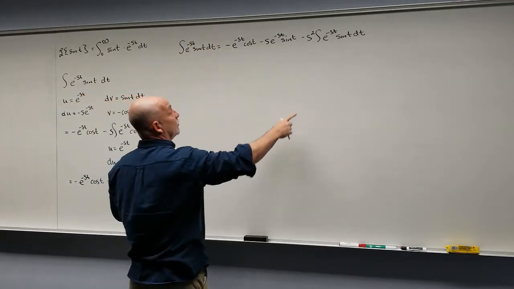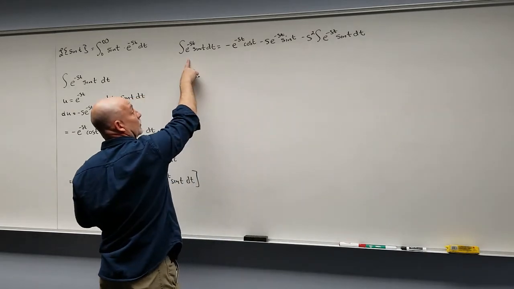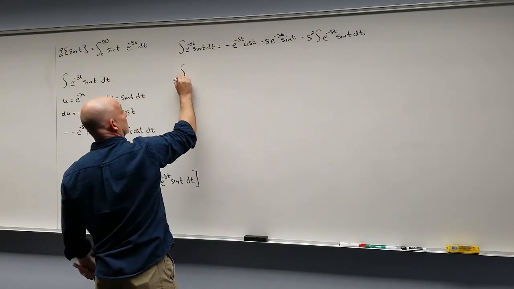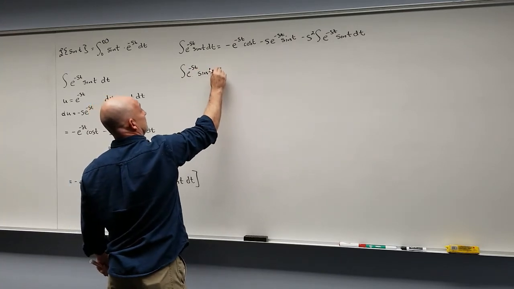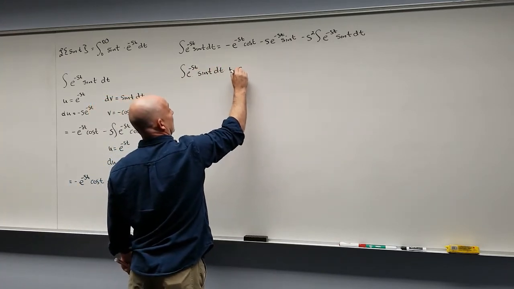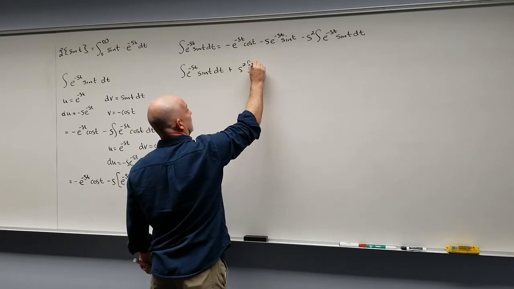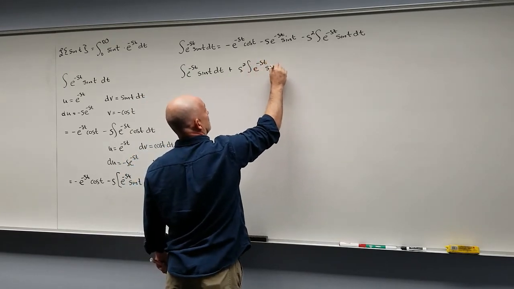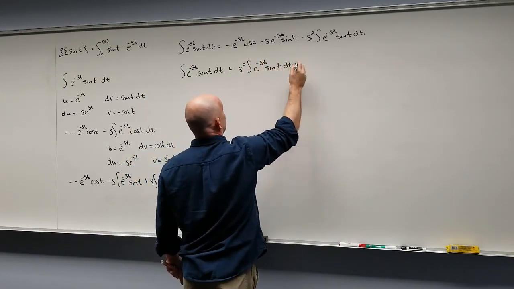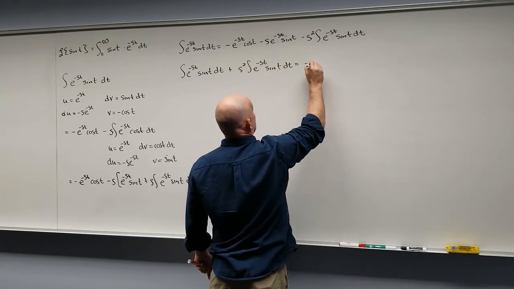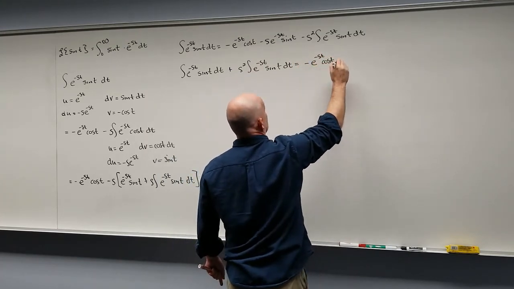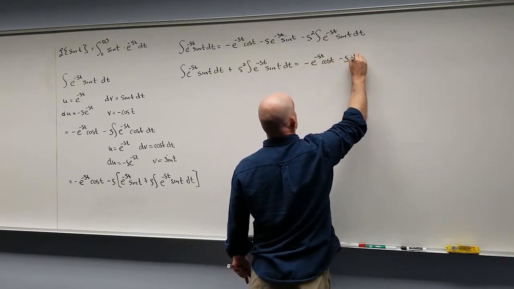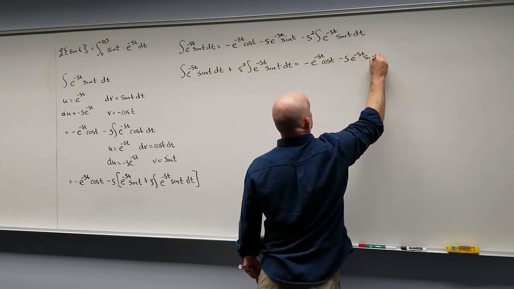So what we're going to do is move everything to one side, because that's what we're trying to find. So this will be the integral of e to the negative st sine t dt plus s squared integral e to the negative st sine t dt is equal to, well, the other side, negative st cosine t minus s e to the negative st sine t.